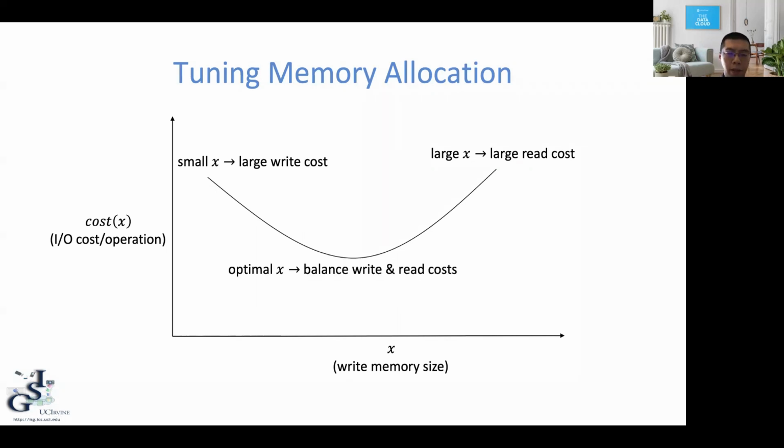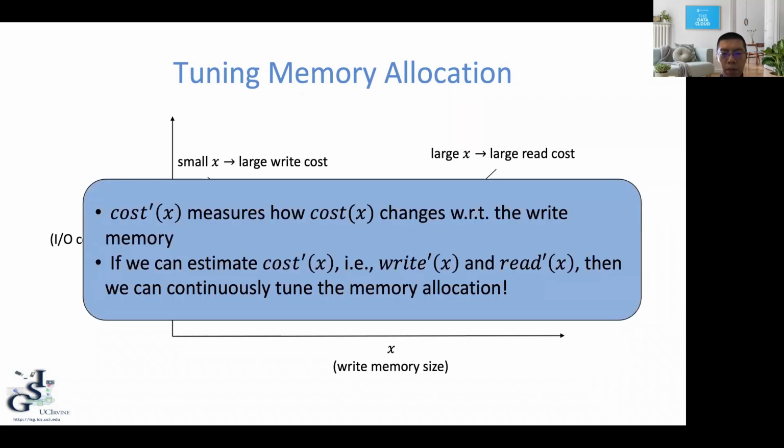So an optimal x has to balance the write cost and read cost. I won't give you the exact details of how the mathematics work, but the basic idea is that if we can measure the derivative of the cost function, then we can do continuous tuning of the memory allocation.